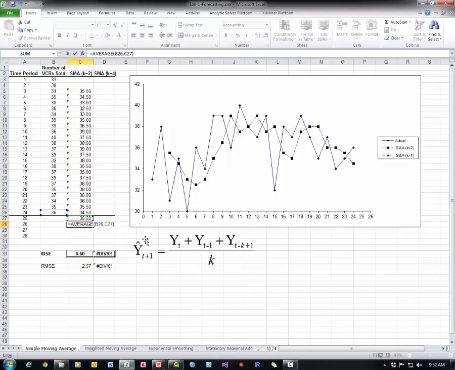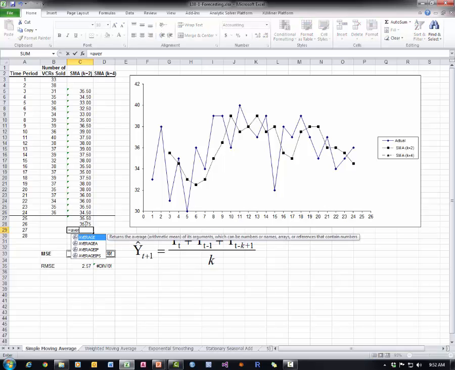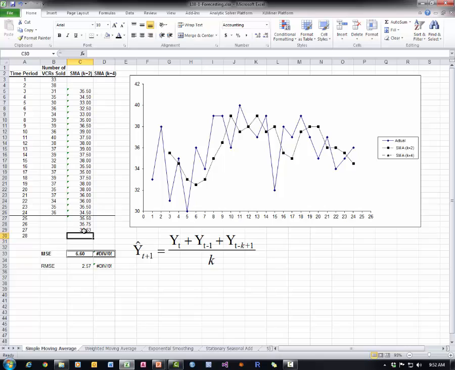And since time period 25 is already a forecast, you're just compounding the error further. And here you're essentially getting the average of the previous two forecasts. So these forecasts are extremely suspect. These are not true forecasts. This would be your best forecast.